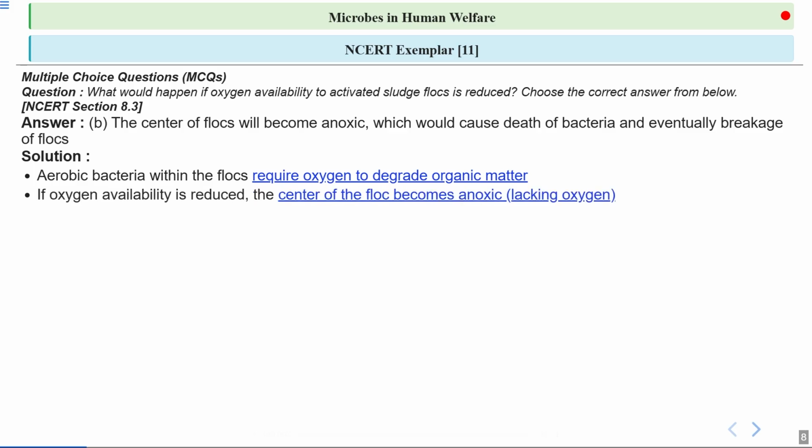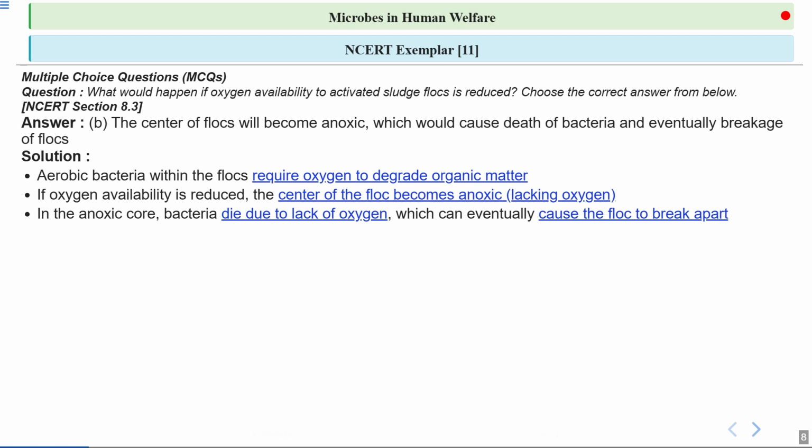Now, if oxygen availability is reduced, the center of the flock becomes anoxic, means it lacks oxygen. Okay. Now, in the anoxic core, bacteria die due to lack of oxygen, which can eventually cause the flock to break apart. Now, when the bacteria in the center can't survive, the whole structure weakens and falls apart.